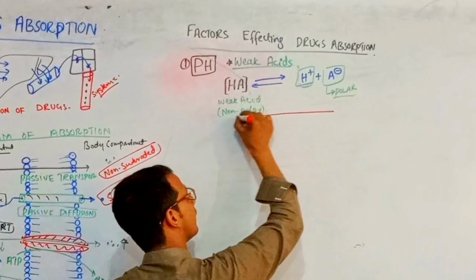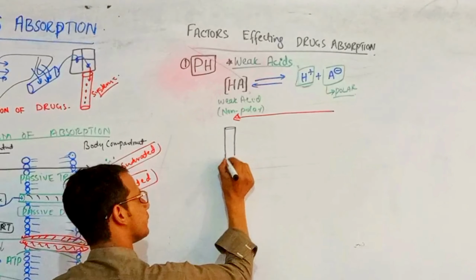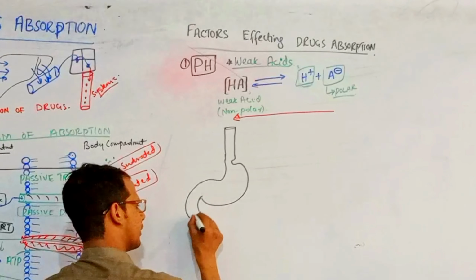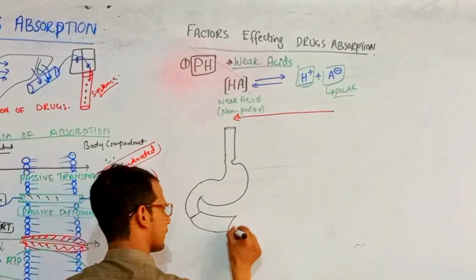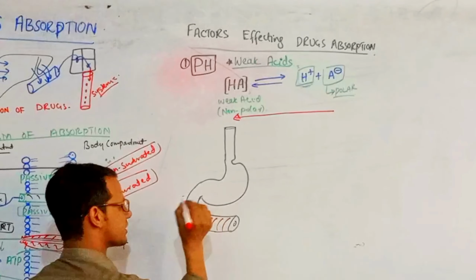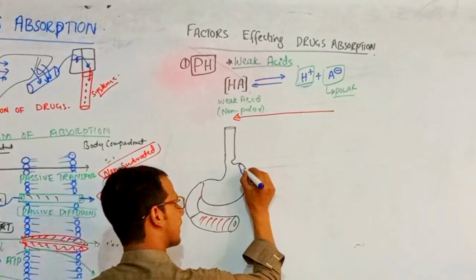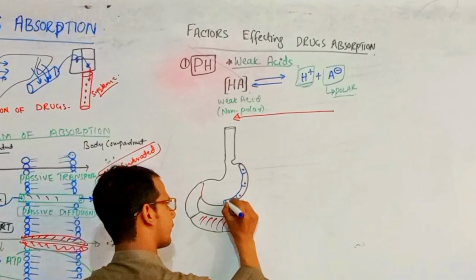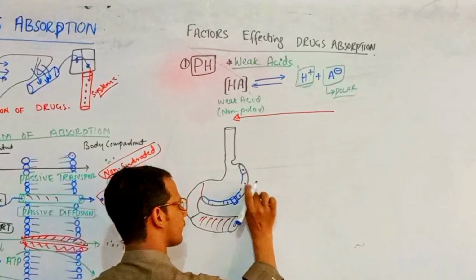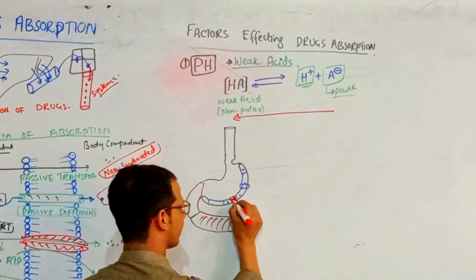For example, this is the stomach, and this is the proximal duodenum, and this is the distal duodenum. This is the proximal duodenum, right? In the stomach epithelium we have special pumps for which ion?